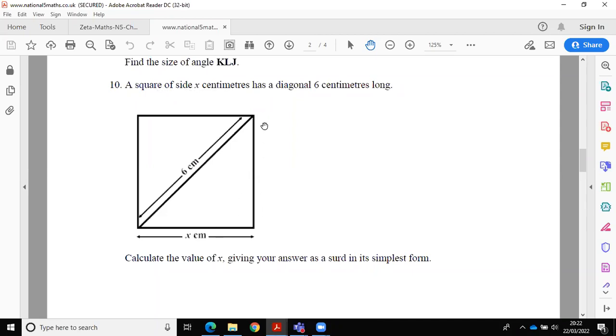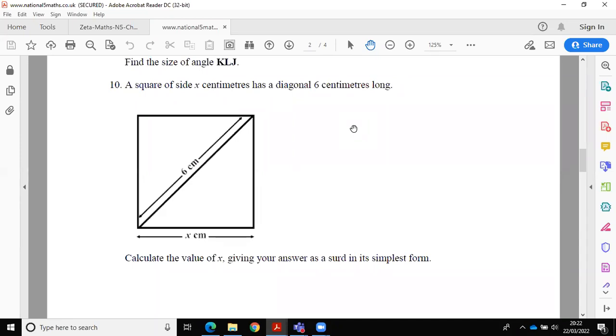So x, and then there'll be x there. They've not put that other side here. And it has a diagonal of 6 centimetres. So we've been given the diagonal. What that's created, see, there's a right angle triangle.